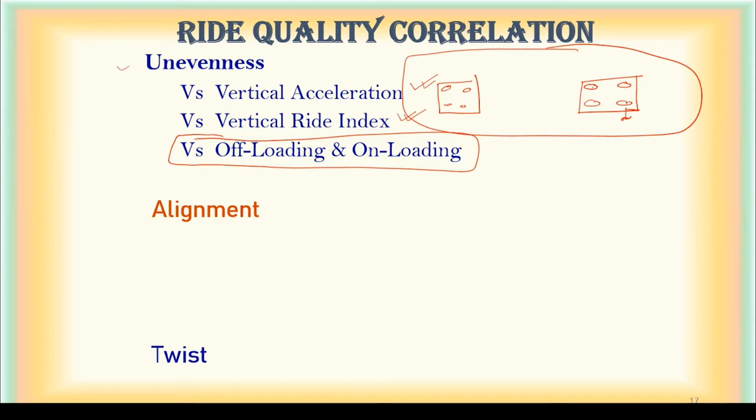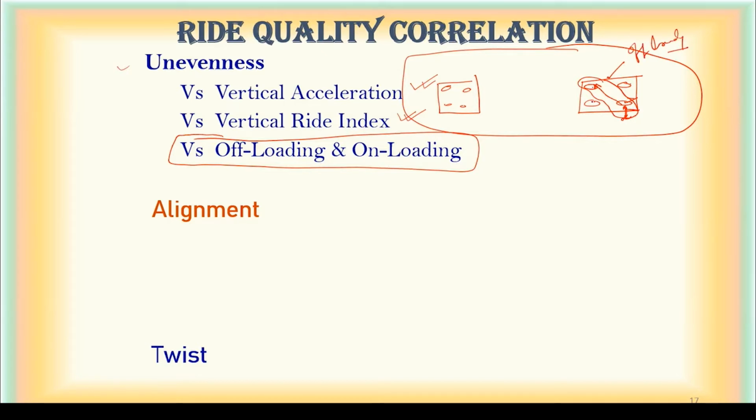What will happen? The spring attached with this wheel will elongate, and once it elongates, the load being carried by this wheel and accordingly the diagonally opposite wheel will get reduced. So this phenomenon is known as offloading of wheel.